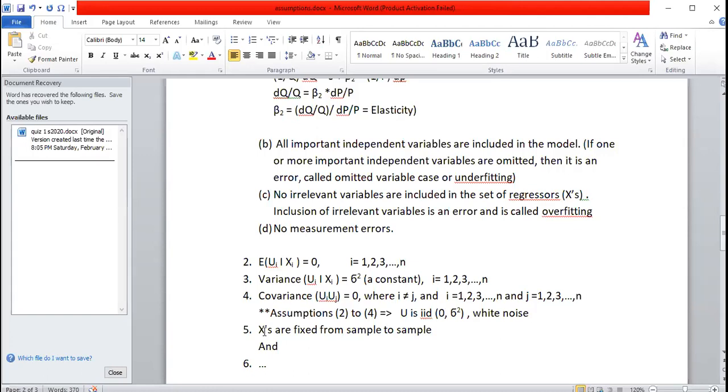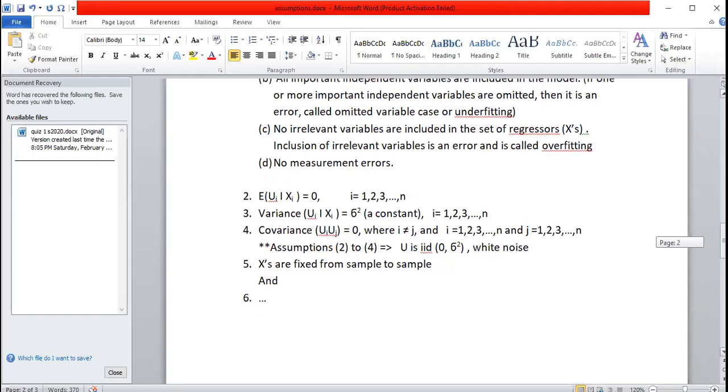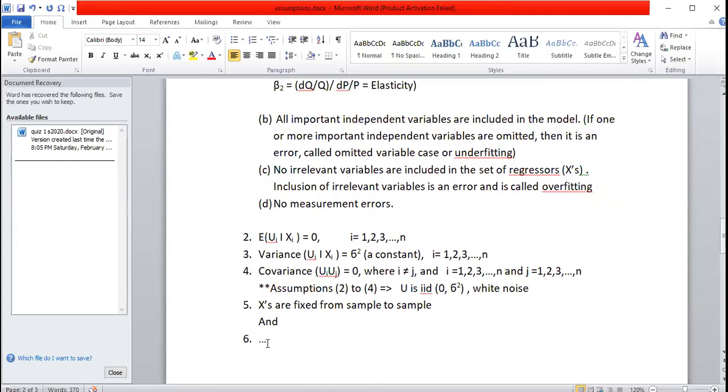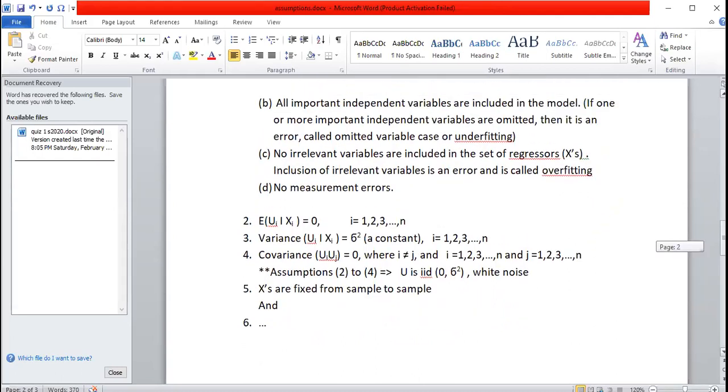Y values will be different from your sample to my sample to other sample, but X values remain the same. It's called X is non-stochastic. X is not a random variable. It is fixed from sample to sample. So these 5, and one more, not now, we don't need the 6th one. When we need the 6th assumption, we will let you know.